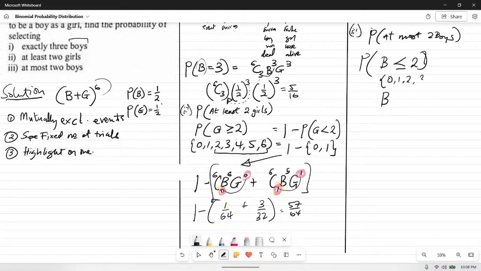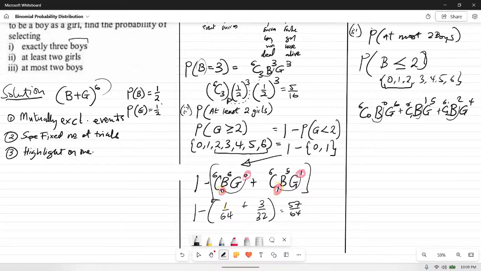0, 1, 2, 3, 4, 5, 6. But we want only these, right? So it means we want b to have exponent 0, b to have exponent 1, b to have exponent 2. In that case, g will have exponent 6, g will have exponent 5, g will have exponent 4. And we are focusing on b, so the combination becomes this combination 0 plus this combination 1 plus this combination 2.